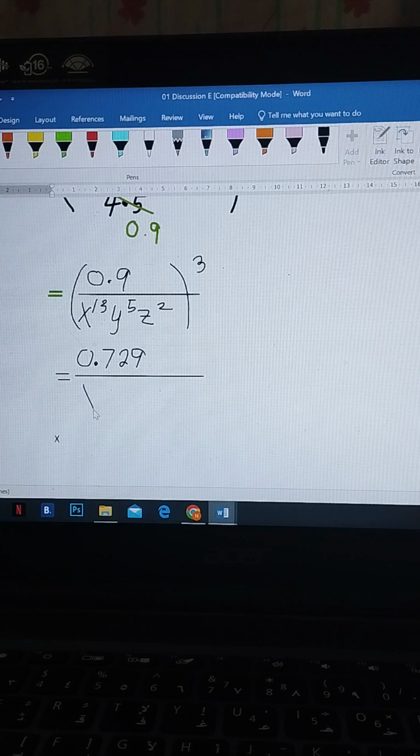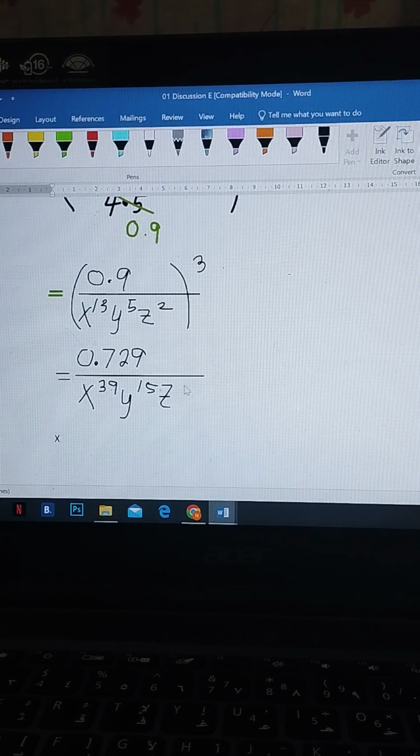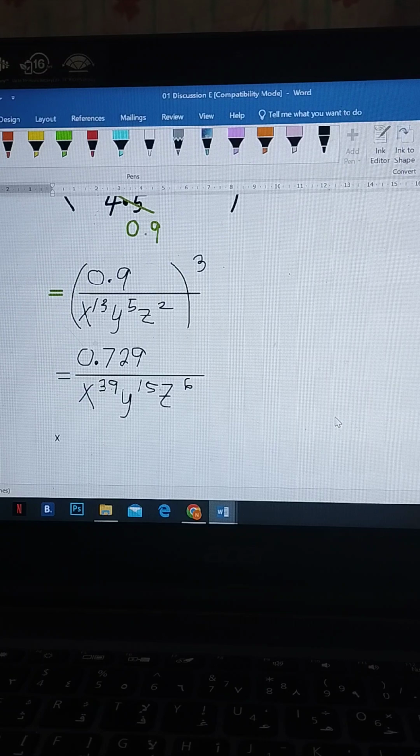x raised to 39, 13 times 3, y raised to 5 times 3 is 15, z raised to the power of 2 times 3 is 6. So that is now equivalent to 0.729.